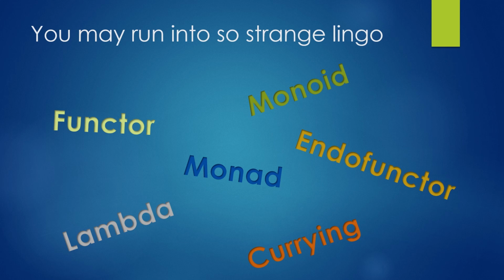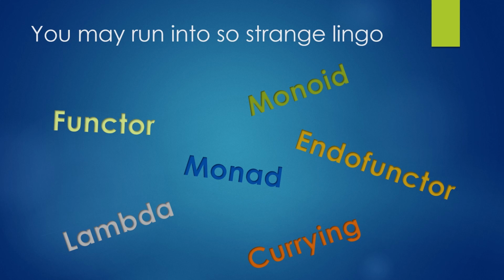And finally, the lingo. If you go out and read about functional programming on blogs and books and other literature, there's a small menagerie of words you'll run into, like functor and monoid and monad and endofunctor, currying and lambda. And there's others, and I only put a few up here. We're not going to talk about most of these words. We'll probably talk about lambdas. We probably have experienced lambdas in C#.